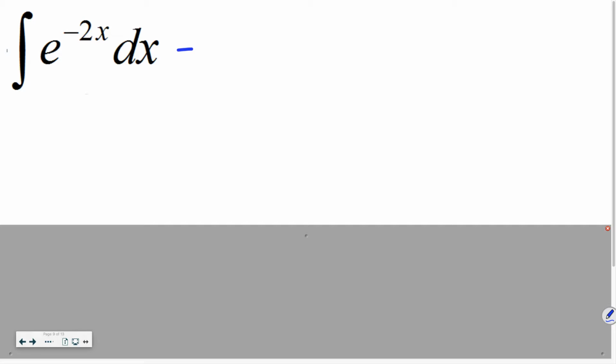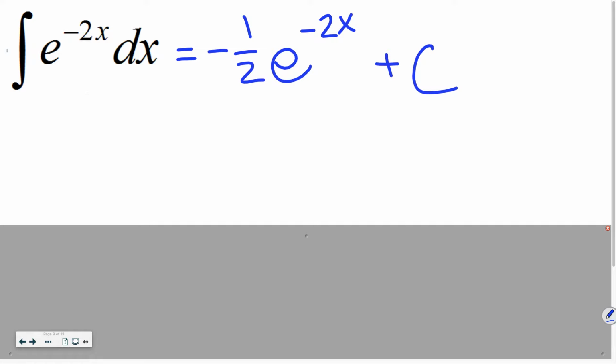What's the antiderivative of e to a power? So the antiderivative here would be e to the negative 2x. No. We need to take into account that if we were to go backwards, our derivative would have to be multiplied by that negative 2 because of the chain rule.